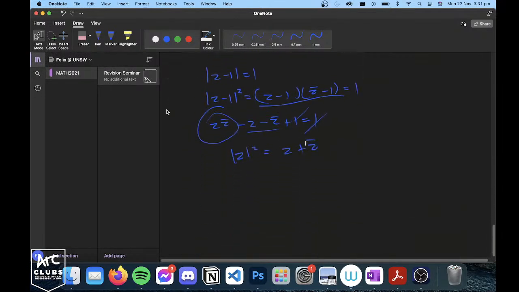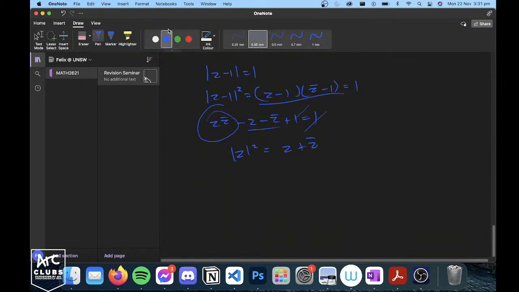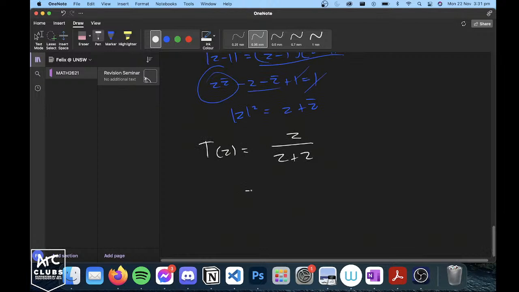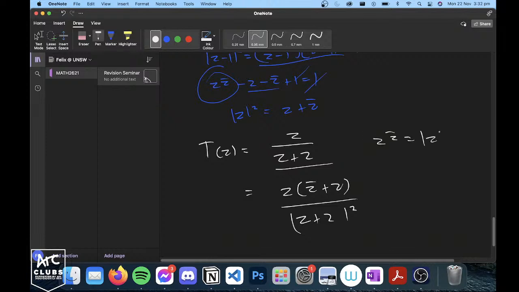Now let's consider T of z. T of z is equal to z over z plus 2. Let's try multiplying top and bottom by the conjugate of z plus 2, over |z + 2| squared, because of that result I was talking about earlier, where z times z conjugate equals the mod squared.